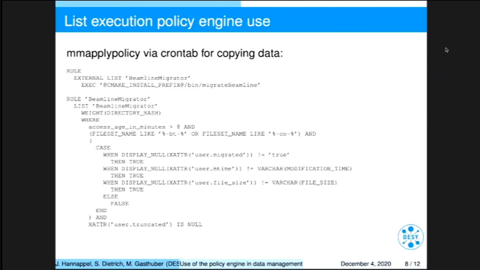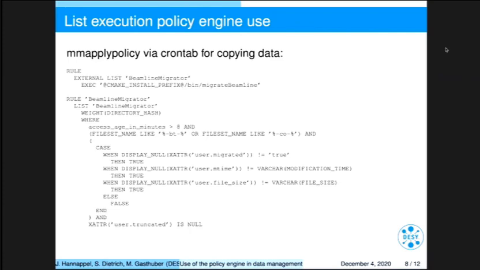This is done by this check on the extended attribute for migrated, and if they were unchanged since last migration, which we check via the mtime and file size, they are also not checked again.